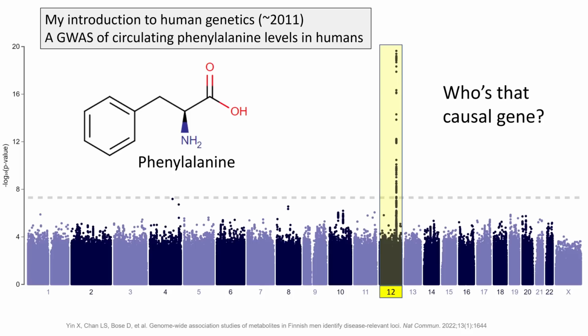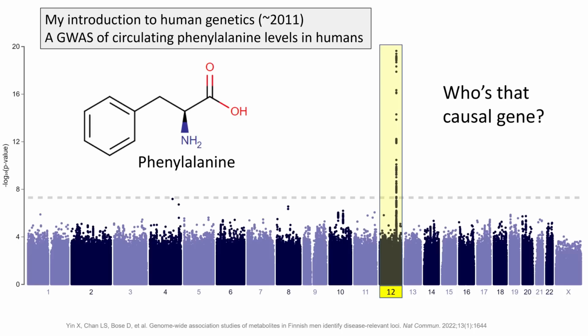I hadn't heard of a GWAS and didn't know how they were done, but I started seeing these lists, just as Noel was talking about, of lead SNPs and their associations, and trying to make some sense of them. What was immediately apparent to me was that a large number of them, when we're talking about metabolite QTLs, can be understood in the context of classic biochemistry, and that's what got me hooked.